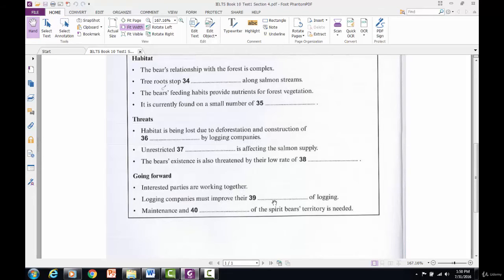Must improve. Whatever 39 is, it's going to be connected to must improve. Right? They're going to say going forward, then they're going to go through these. 40 is straightforward. Maintenance and blank of the spirit bear's territory. So maintenance and something else.